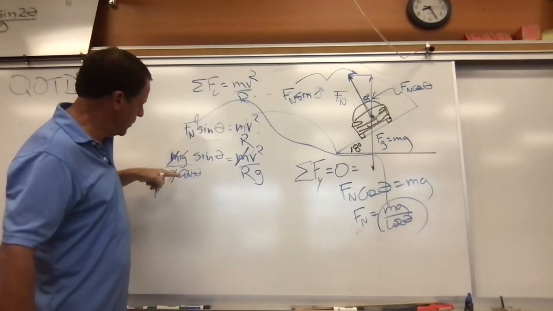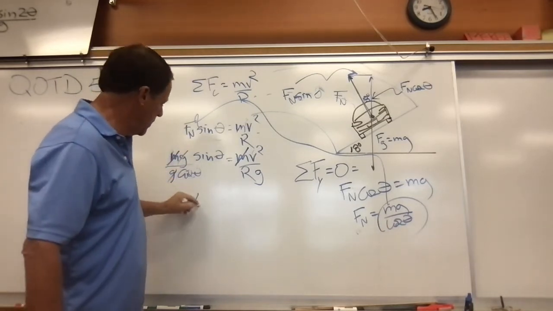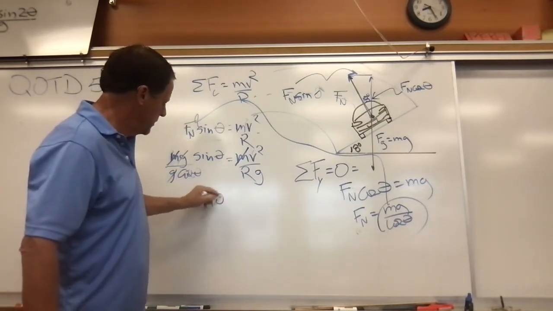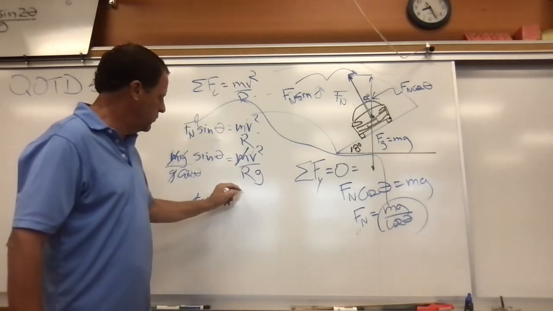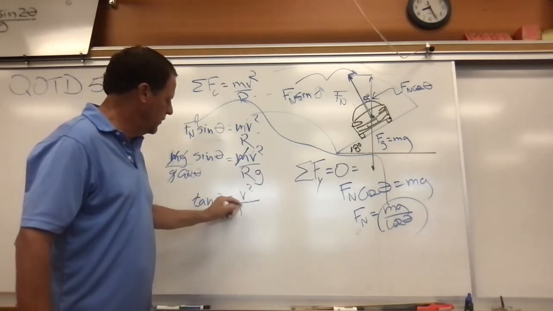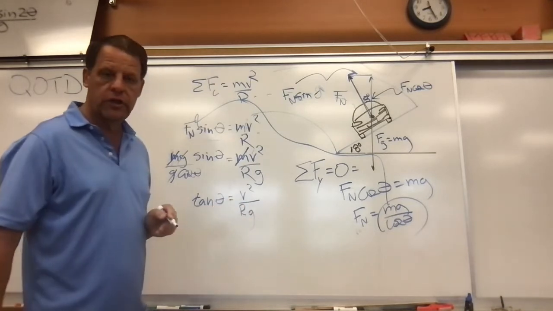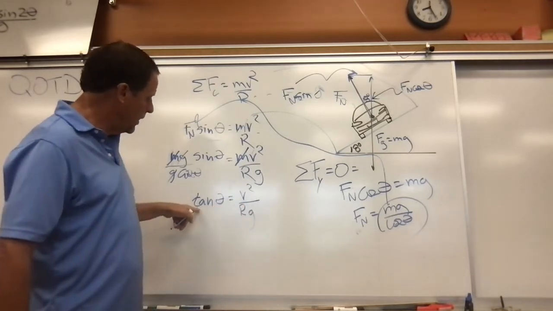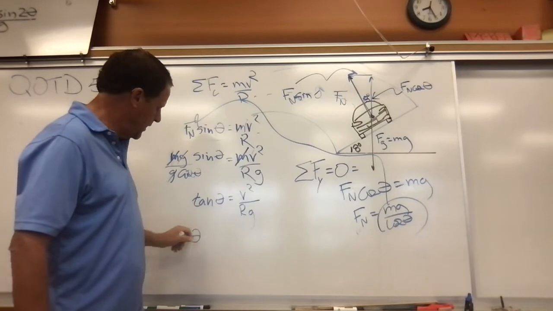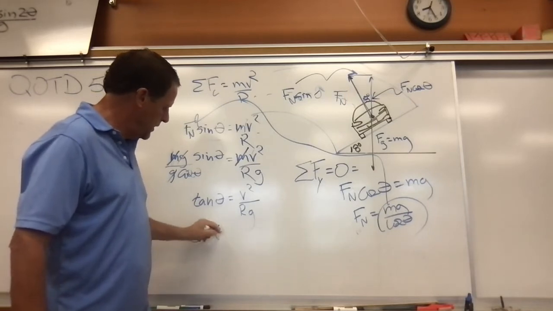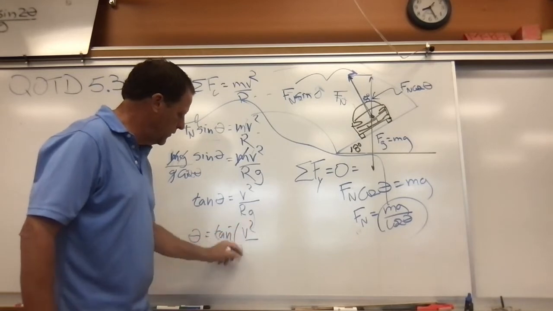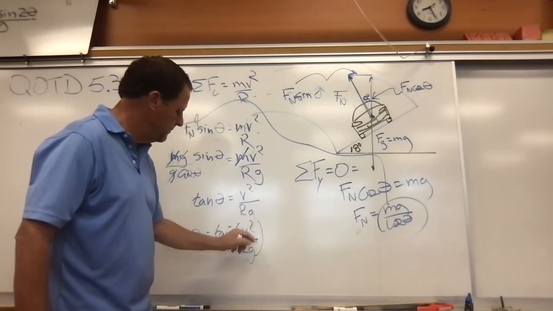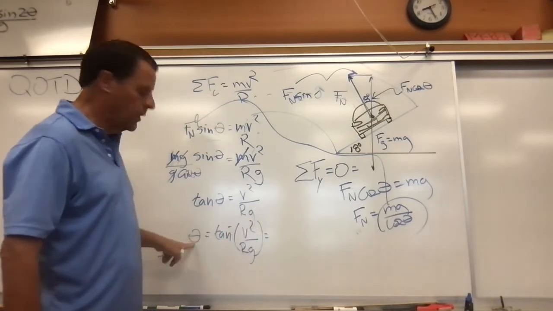Now we have sine over cosine, which we know is tangent, and that is going to equal v squared over rg. Well, we don't want tangent, so we're going to say that the inverse tangent of v squared over rg is equal to our angle.